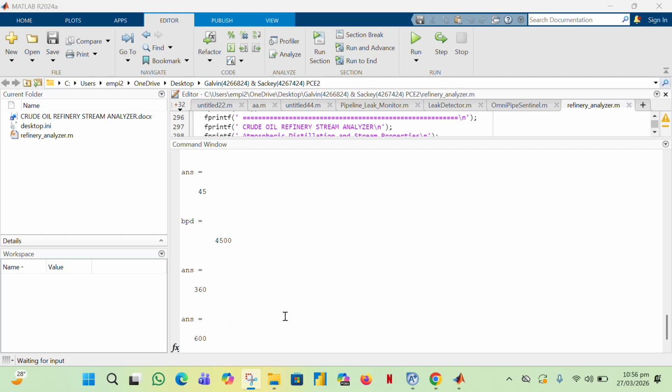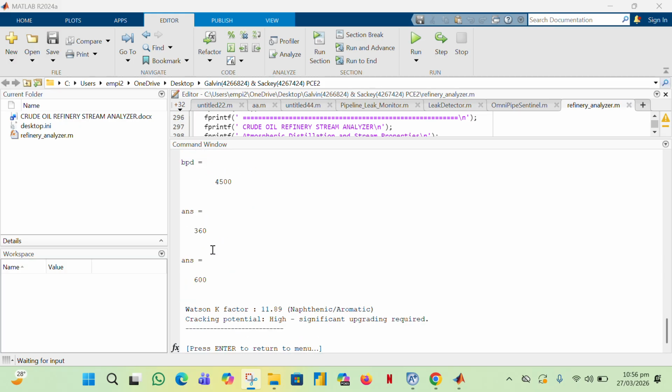And from this information, we can see that all the other fractions are small portions, but the residue is in a higher portion, which is 45%, because the Watson factor is 11.89, showing that it's naphthenic or aromatic.